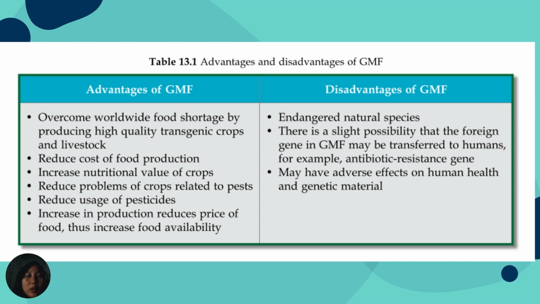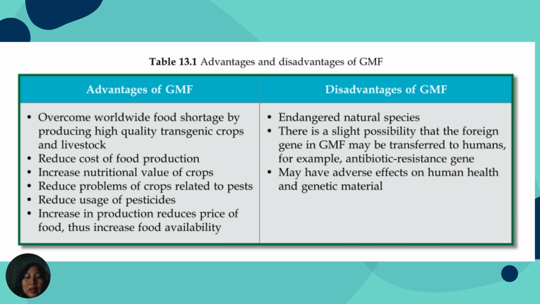Alright, and also reduce cost of food productions. Okay, dia mengurangkan cost, and then increase nutritional value of crops and reduce problems of crops related to pests. Macam tadi itulah, kita boleh pilih traits yang kita mahu.